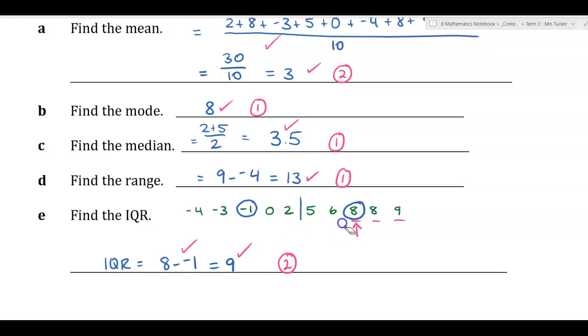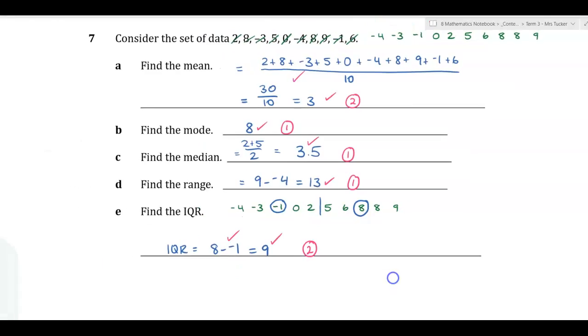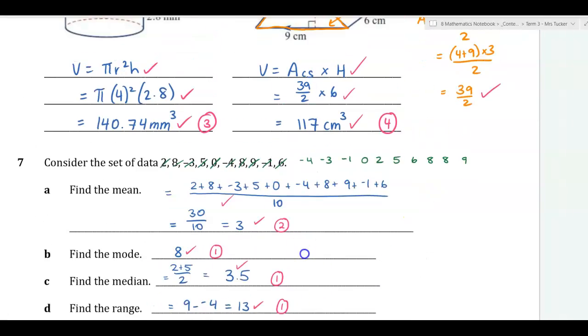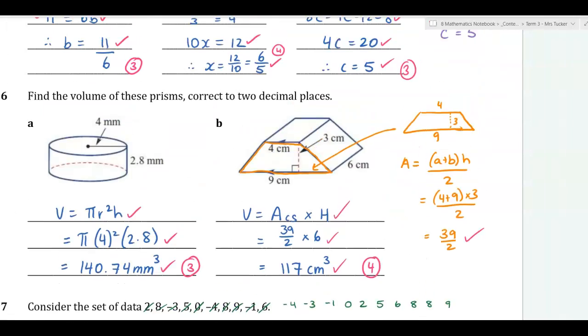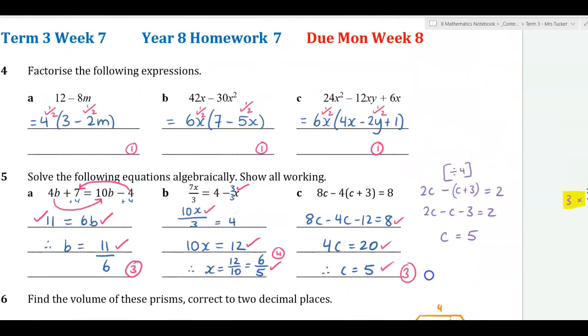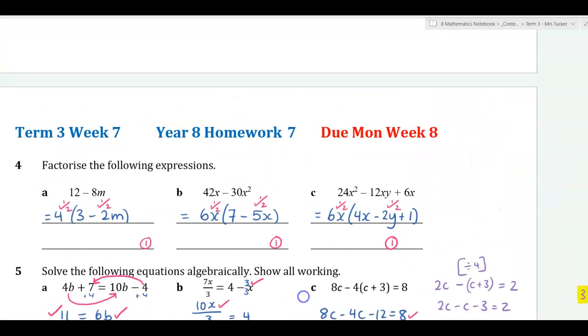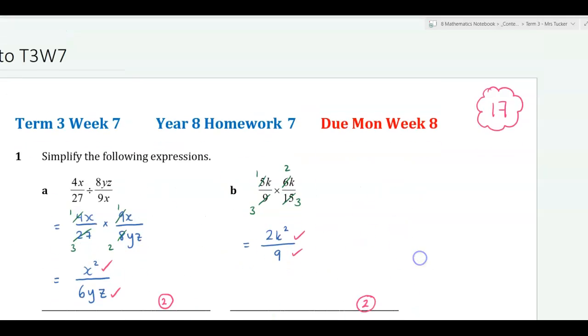All right, so that page was out of 2, 3, 4, 5, 6, 7, 10, 14, 17, 20, 24, 27 points. 27 points.